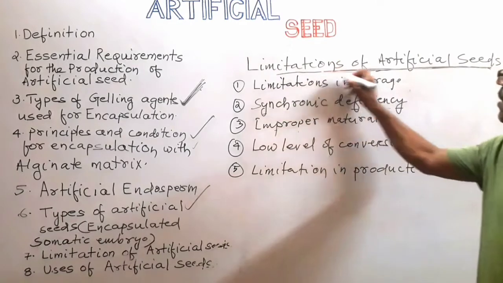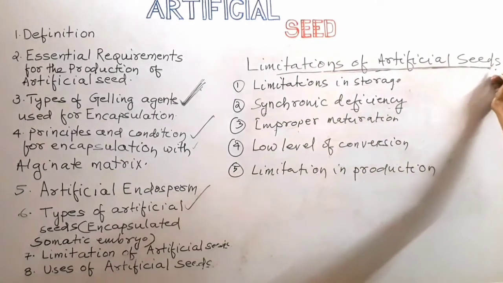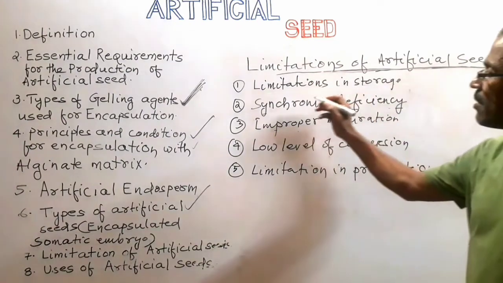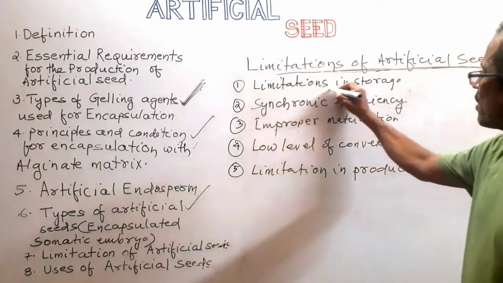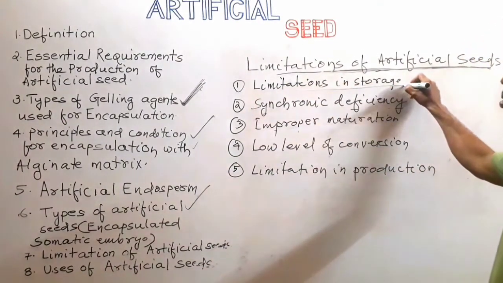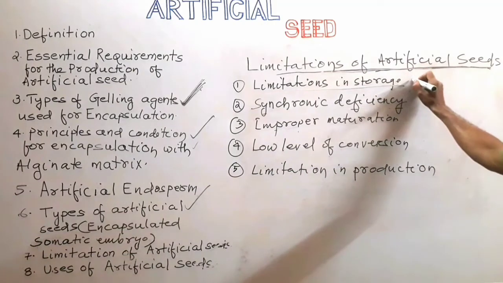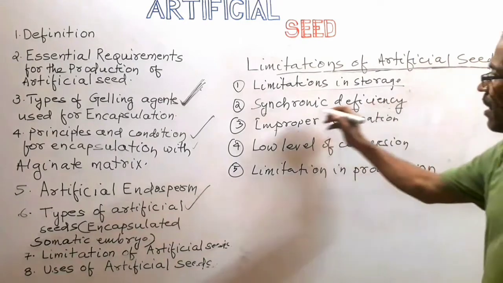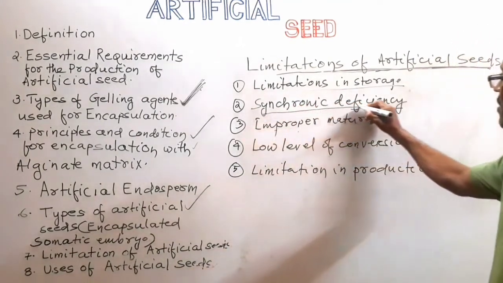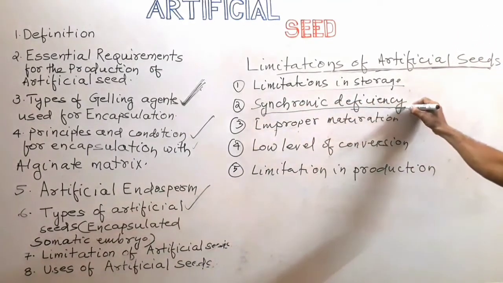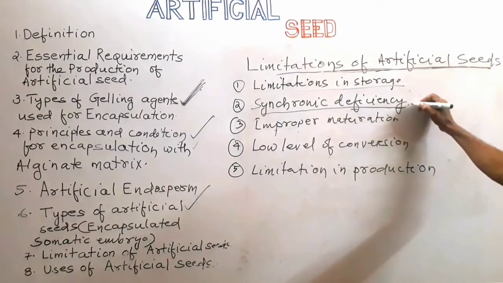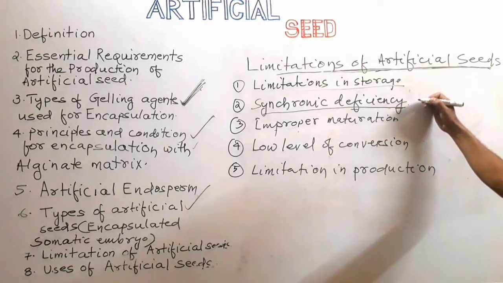What are the limitations of artificial seeds? There are several limitations. First is limitations in storage due to lack of dormancy. Second limitation is there is synchronic deficiency in somatic embryo development. That means the development of somatic embryos is not synchronous.